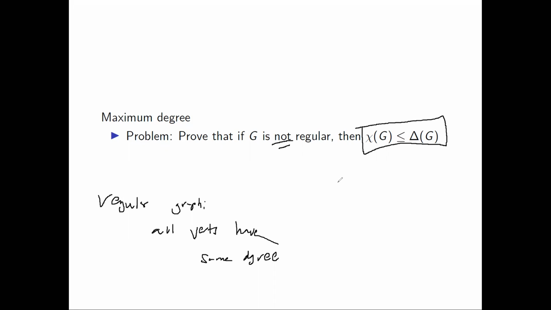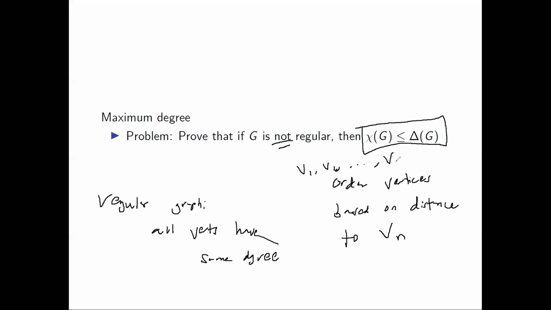So you could possibly order the vertices based on distance to, let's say, Vn. If your vertices are V1, V2, up to Vn. So instead of ordering them arbitrarily, it might help to order the vertices based on their distance to Vn.